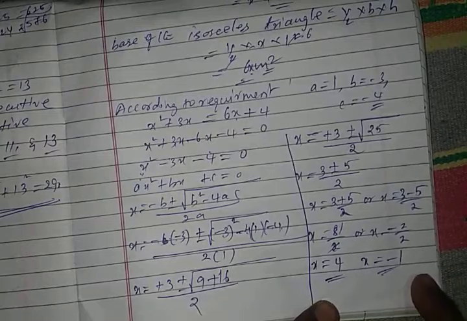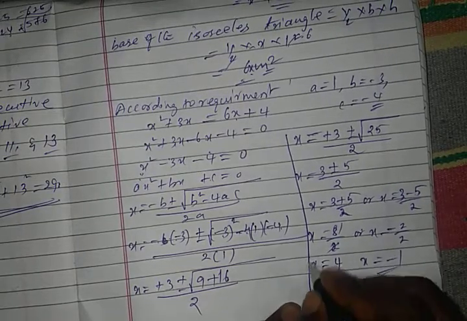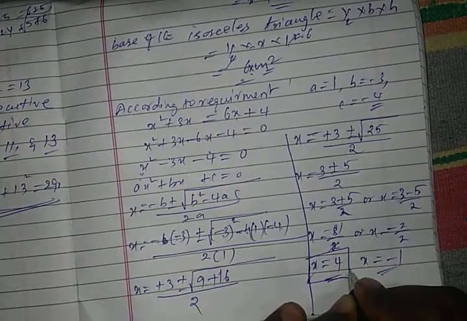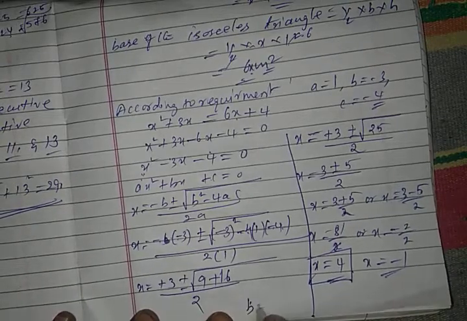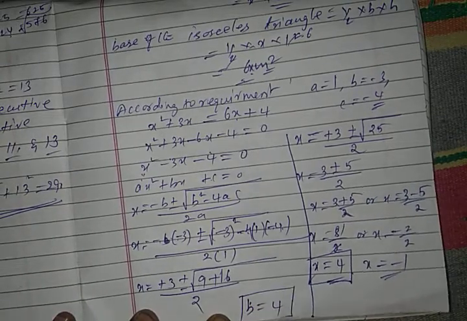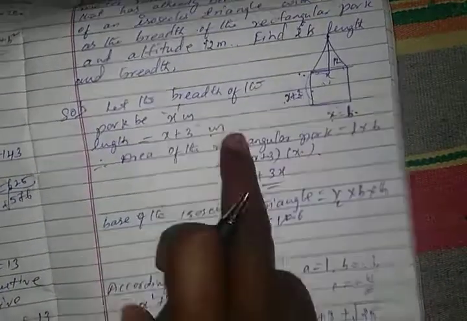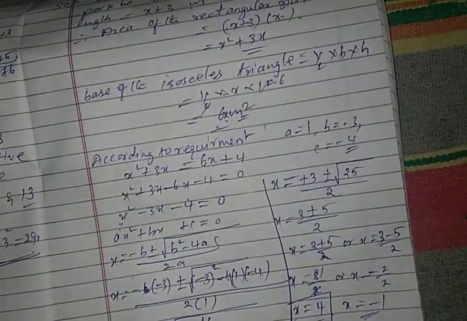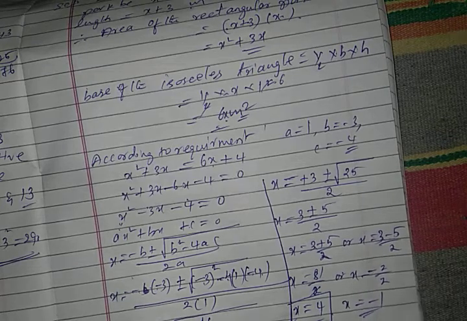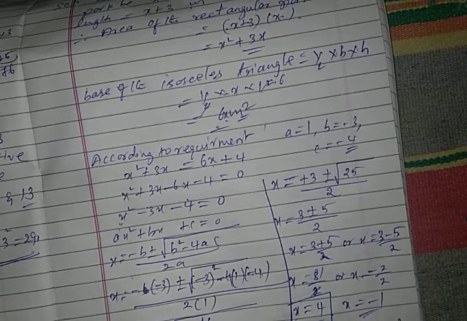You know that length and breadth cannot be negative, so you can take only the positive value, x equal to 4. Therefore the breadth is 4, and the length is x plus 3, that is 4 plus 3, which is equal to 7.